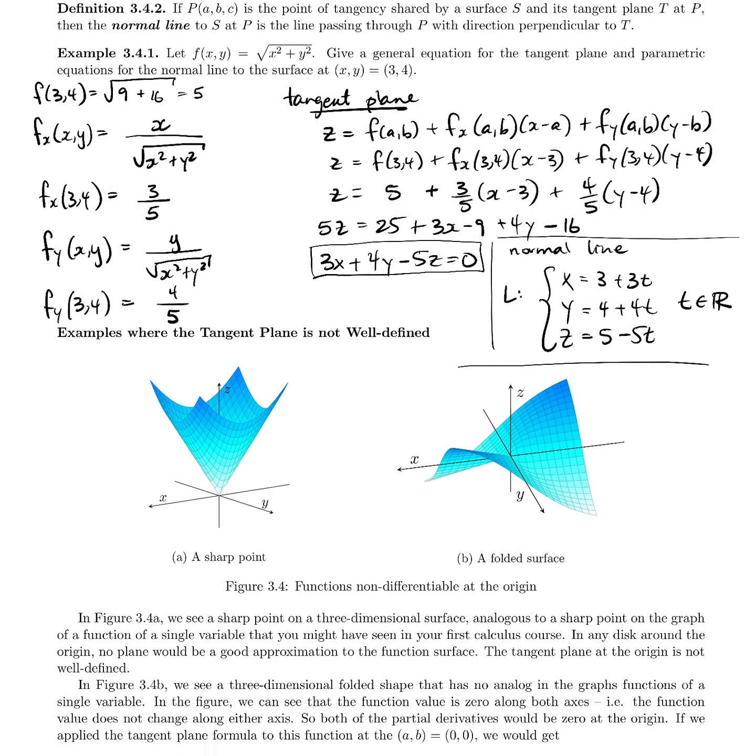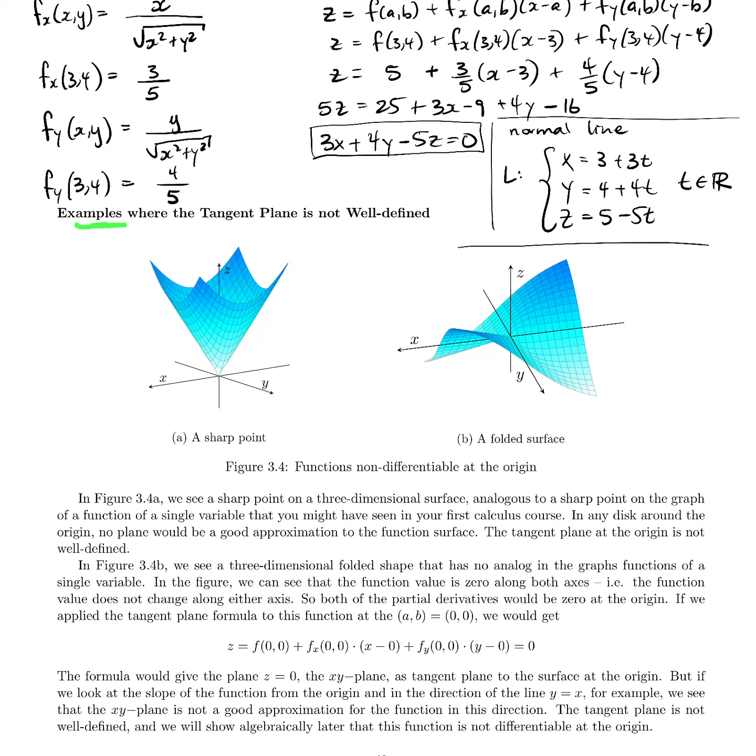Let's take a quick look at some examples where the tangent plane is not well defined. So the first here is a sharp point in figure 3.4a. The second is a deeply folded surface.